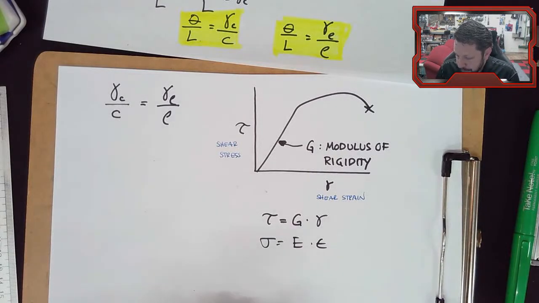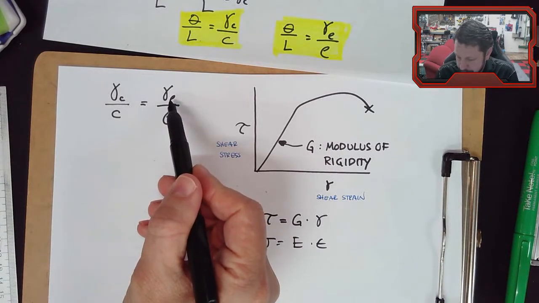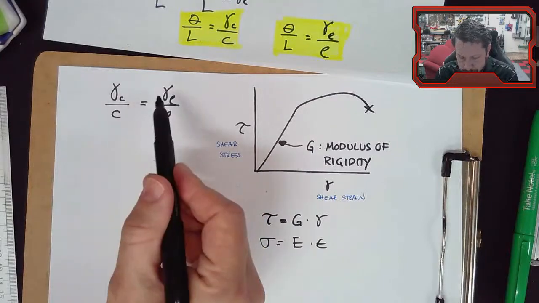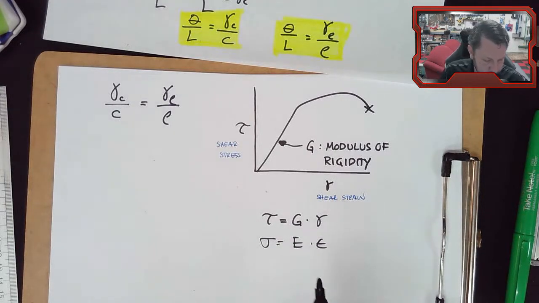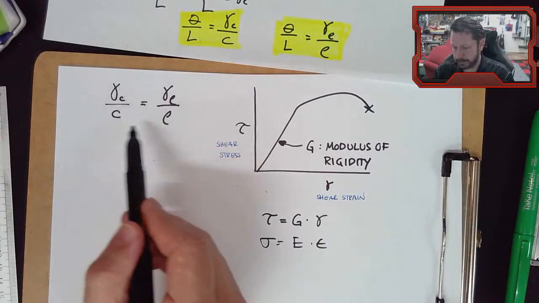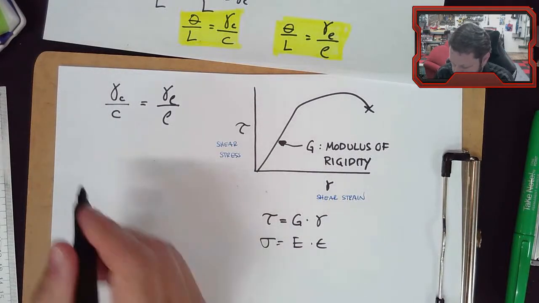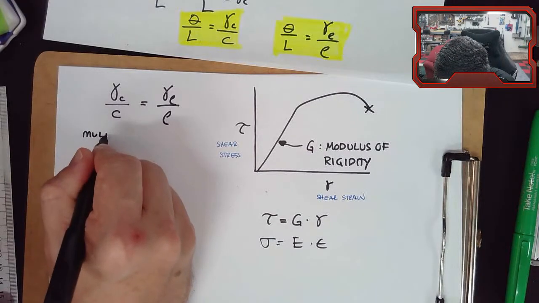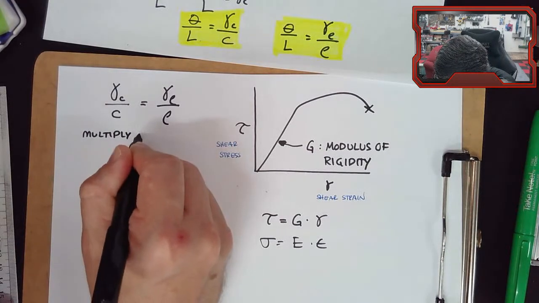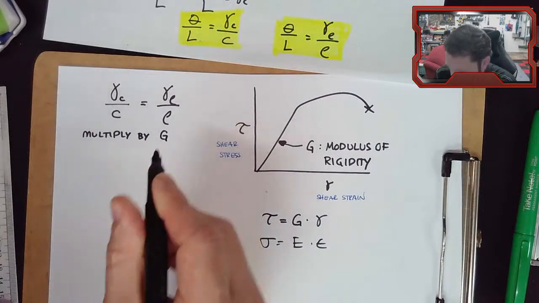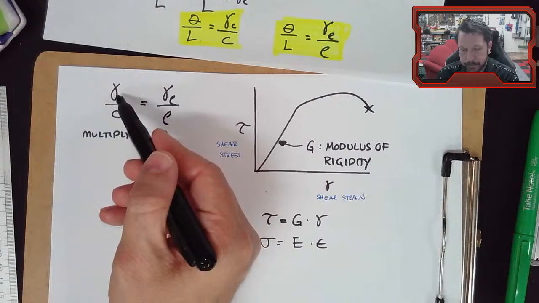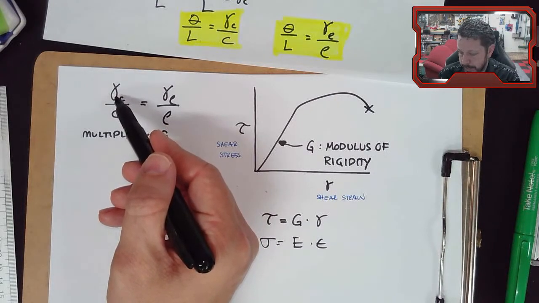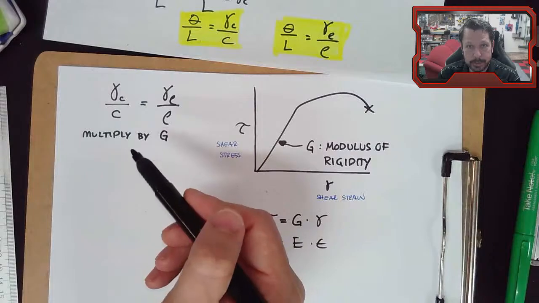All of that to say that I've got shear strain in here, and I know how to get from shear strain to shear stress with this equation. So let's multiply both sides of this equation times G. This is maximum shear strain times G would be maximum shear stress.